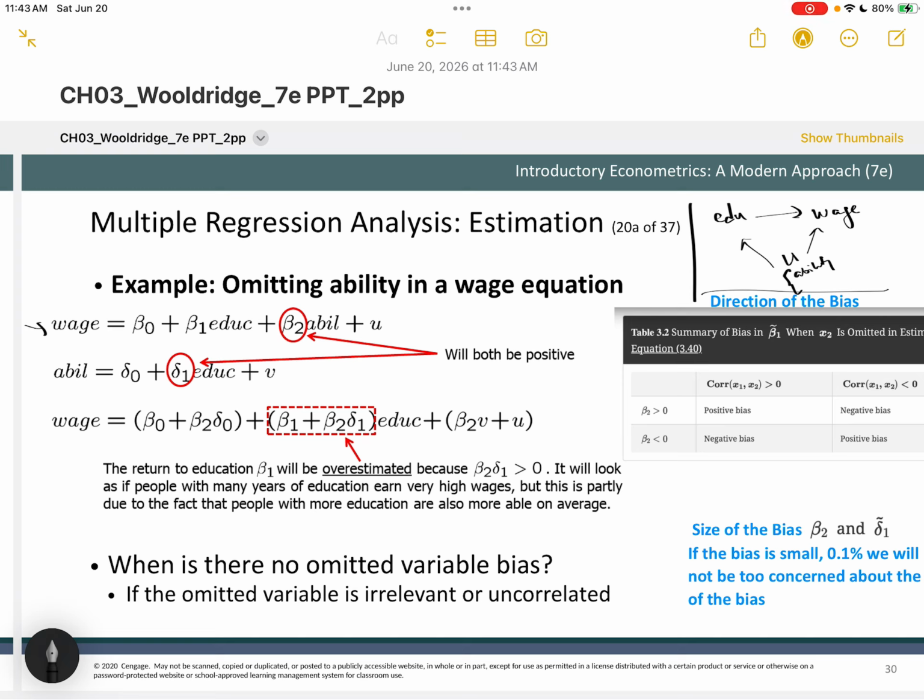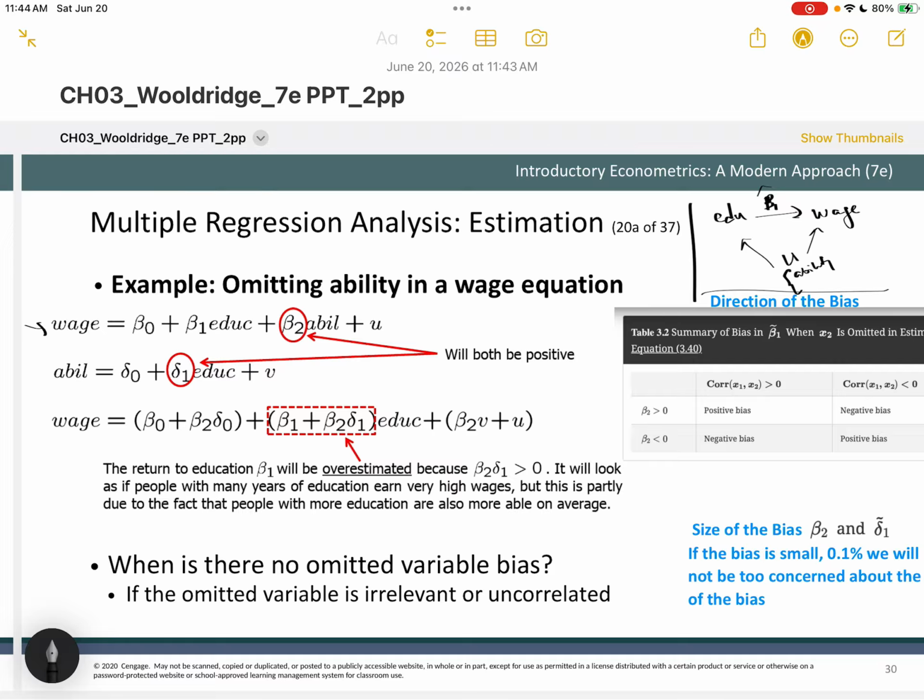Education is impacting wage, and that relationship between education and wage is to be estimated by beta 1 hat, right? It's what we use to estimate the relationship between education and wage.